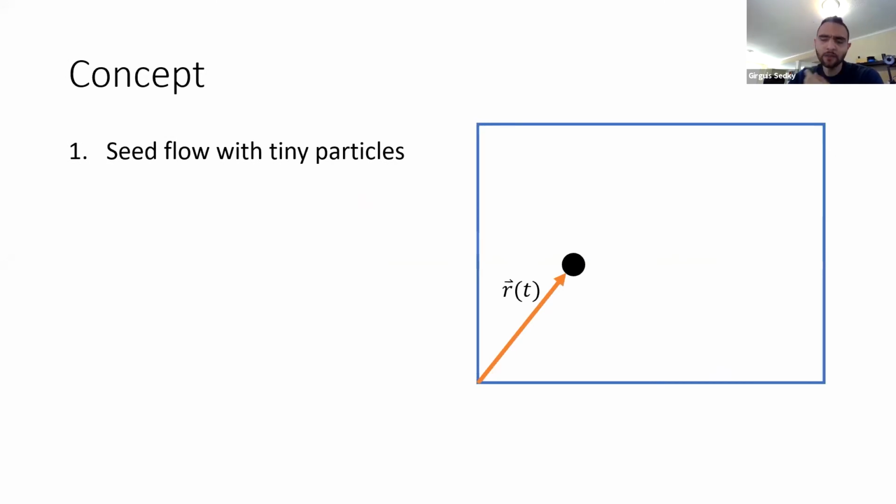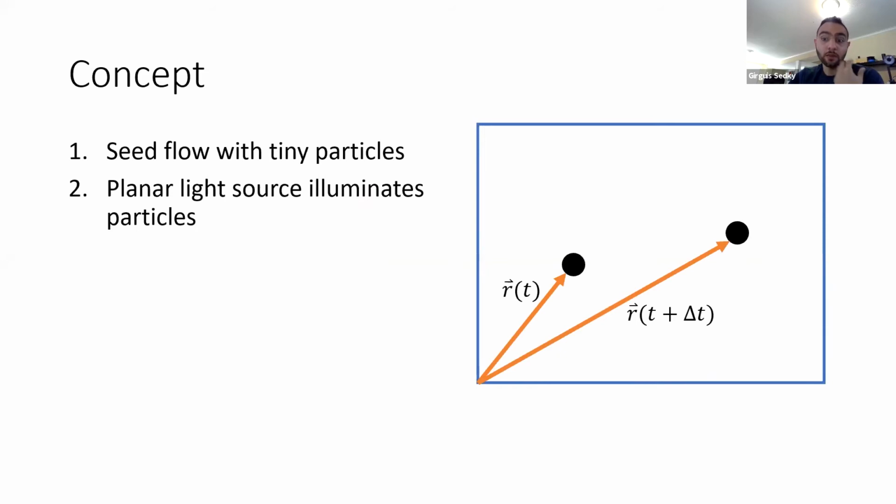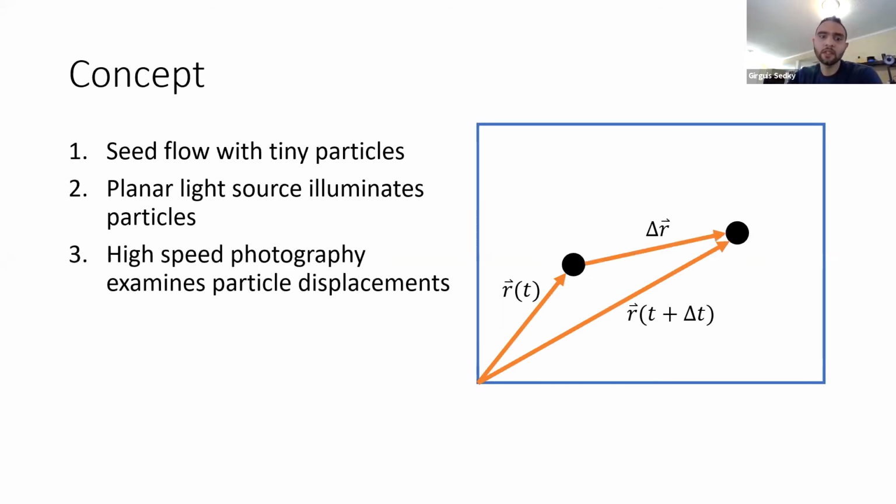What's the concept? You have seed particles in the flow that move with the flow, right? You have laser light that illuminates the field of view that you're interested in. You have high-speed photography that takes images fast enough so that you can effectively track the particles. If you have a camera that doesn't have a high frequency, you could have a really high particle displacement.